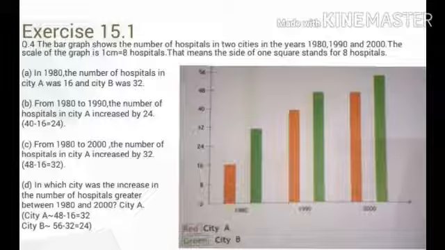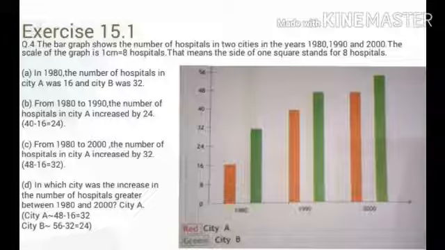Next is D. In which city was the increase in the number of hospitals greater between 1980 and 2000? Whether it is city A or city B, so you have to subtract. We already know for city A the increase in hospitals was 32.